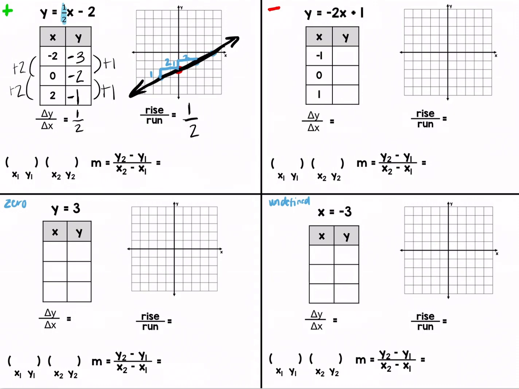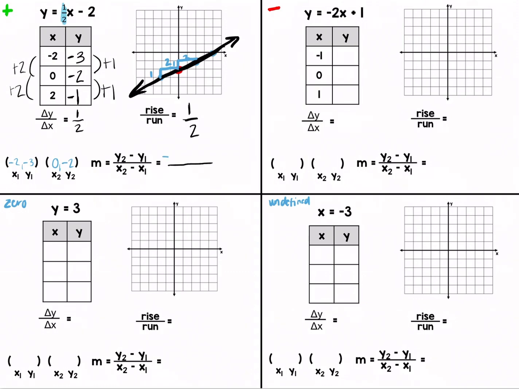So then you can also find it another way. Down here below, I have 2 points. I'm going to pick some from the table. So I have (-2, -3). This is just from the table. And then (0, -2). So you can do y2 minus y1 over x2 minus x1.